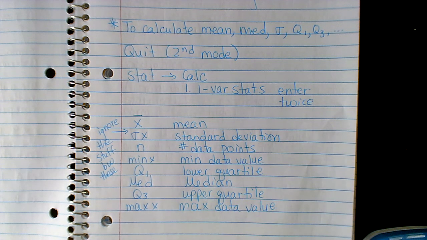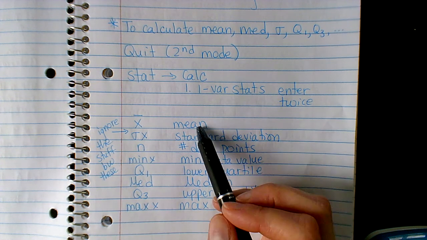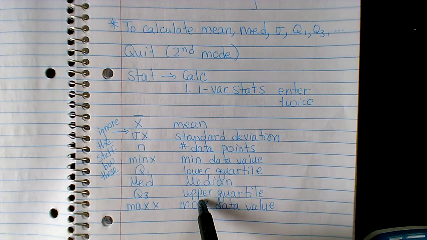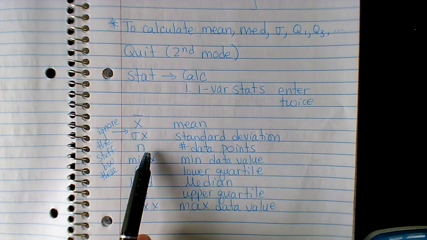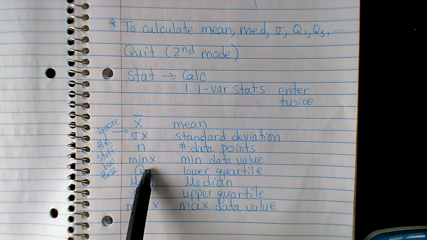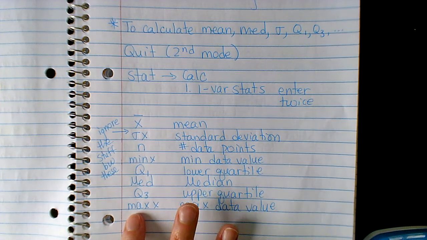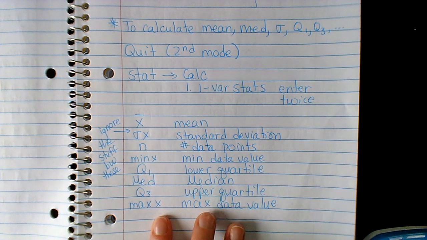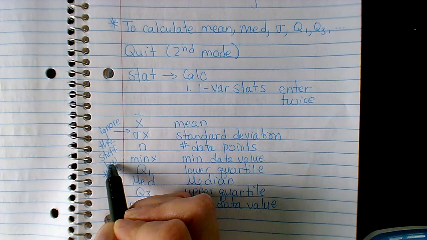There's going to be the sum of the squares, and the sample standard deviation. But these are the ones that you're going to need. So you're going to have the mean, you're going to have the standard deviation, then you're going to have the number of data points, the minimum data value, the lower quartile, the median, the upper quartile, and the max. So those are the ones that we're going to utilize. So those are the ones that I labeled. And I just said that between these top two, there's going to be a bunch of other stuff. Just ignore that stuff.